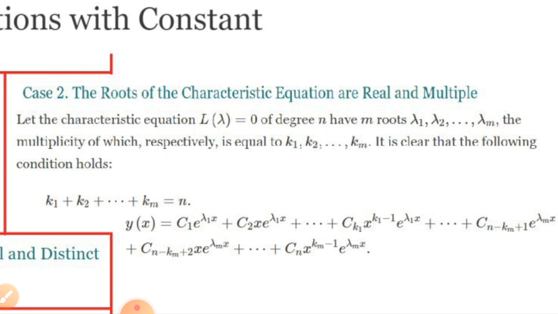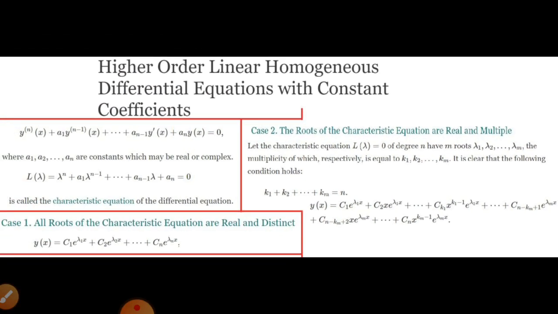We put a constant and a variable x, so c1, x c2, x square c3, x cube continue in the next terms. So, this is the second category.